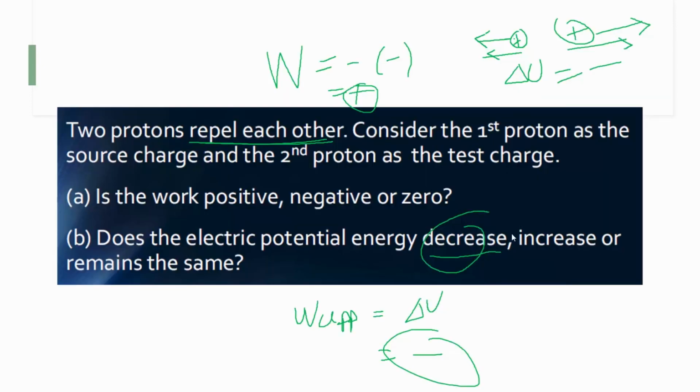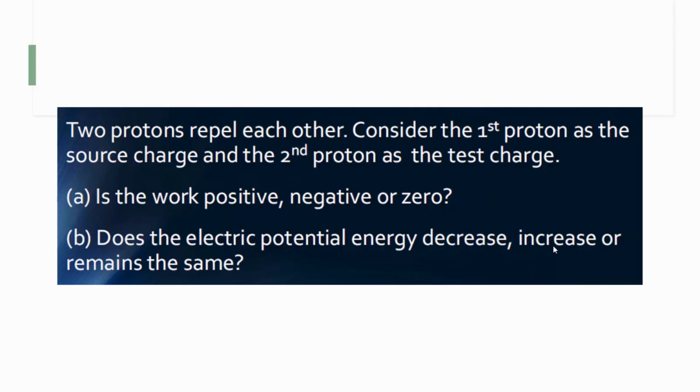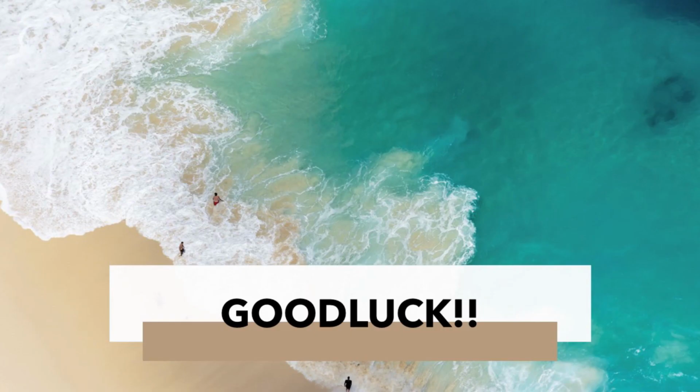As it goes away from this proton, ang velocity niya is nag-increase. So, pag ang velocity nag-increase, ang kinetic energy nag-increase. Pag nag-increase ang kinetic energy, ang potential energy ay magde-decrease. So, yan. Ang sagot dito is positive, ang sagot dito is negative.